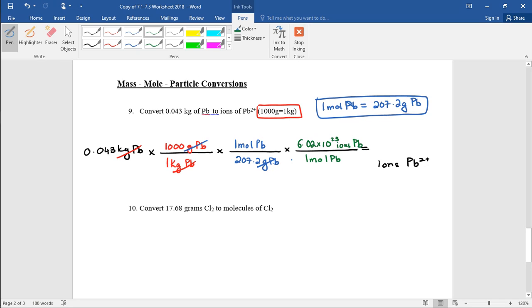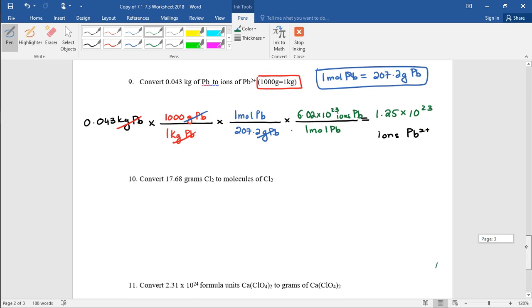So if you take 0.043, you times it by 1000, then you divide it by 207.2, and then you multiply that answer by 6.02 times 10 to the 23rd, you should get 1.25 times 10 to the 23rd ions of lead. Okay, so that's the answer for number 9.